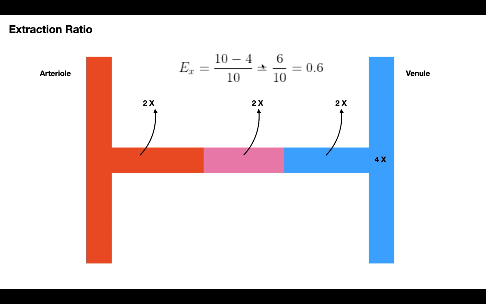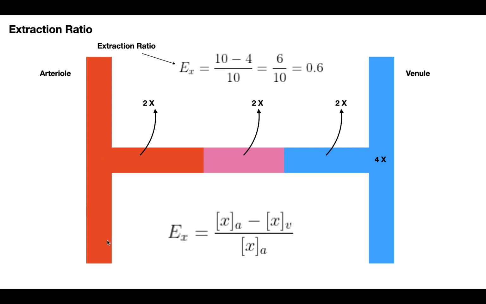Then we divide that difference by the original concentration, in this case 10. When you do that, you get an extraction ratio of 0.6. In other words, 60% of the solute that entered the capillary was lost into the ISF. So 60% of the molecules that entered the capillary diffused into the interstitial fluid.